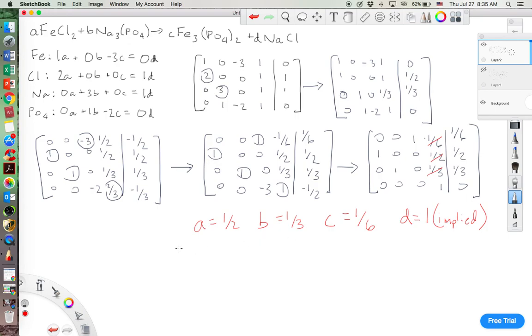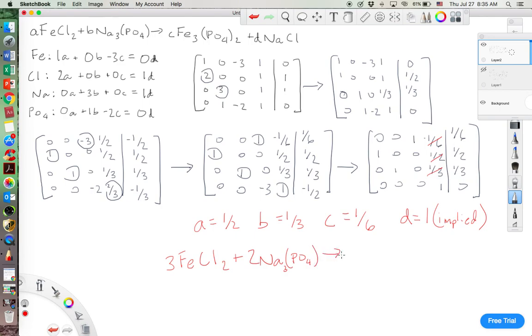We'll multiply by 6 here. We get 3 FeCl2, right? 6 times 1/2 is 3, plus 6 times 1/3 is 2 Na, and I didn't mention this before, but we just kept PO4 as a compound.